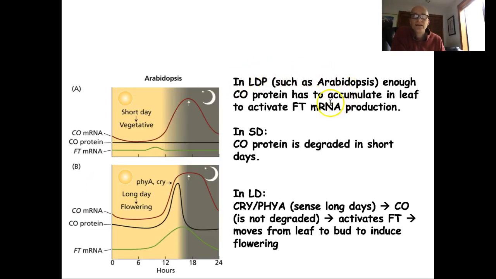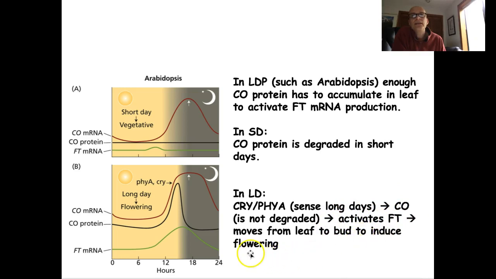As a summary of what I just said, in long day plants such as Arabidopsis, enough Constans protein has to accumulate in the leaf to activate FT mRNA production. Constans protein is degraded in short days, and so you don't have enough FT mRNA if you don't have enough Constans protein. In the long days, the cryptochrome and the phytochrome A sense the long days. The Constans protein is not degraded.